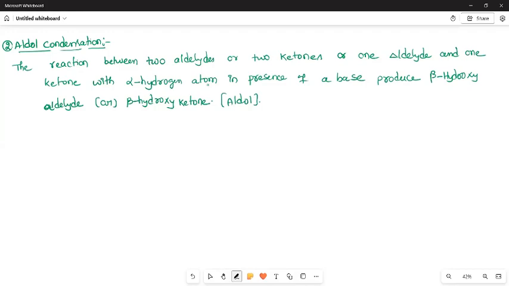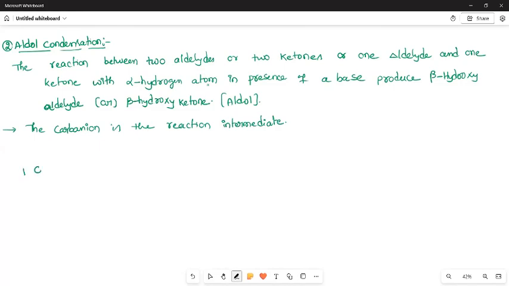Then, what is the important point here? The carbanion is the reaction intermediate.